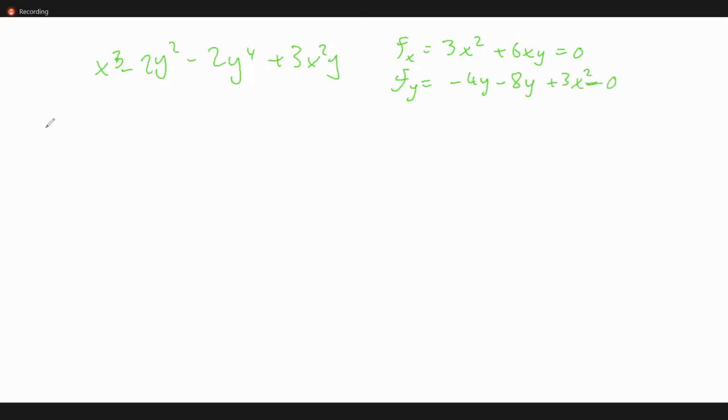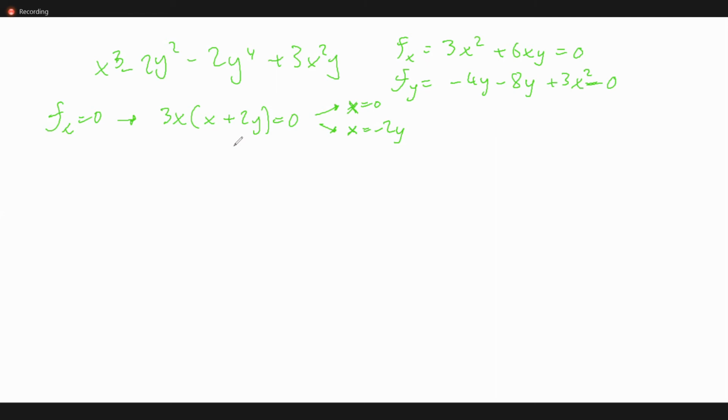So the first, fx, is equal to 0 when 3x times (x plus 2y) is equal to 0. So this gives us x is equal to 0, and this gives us x is equal to negative 2y. So when x is equal to 0 or when x is equal to negative 2y, this equation here is equal to 0.